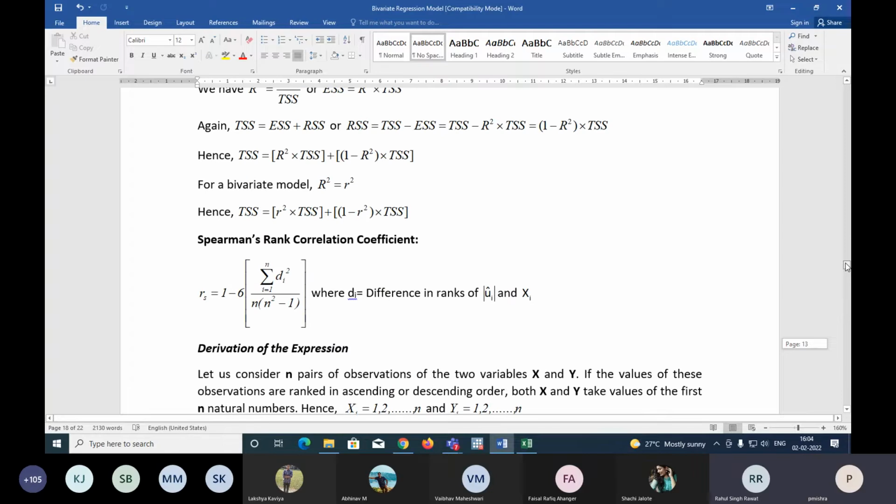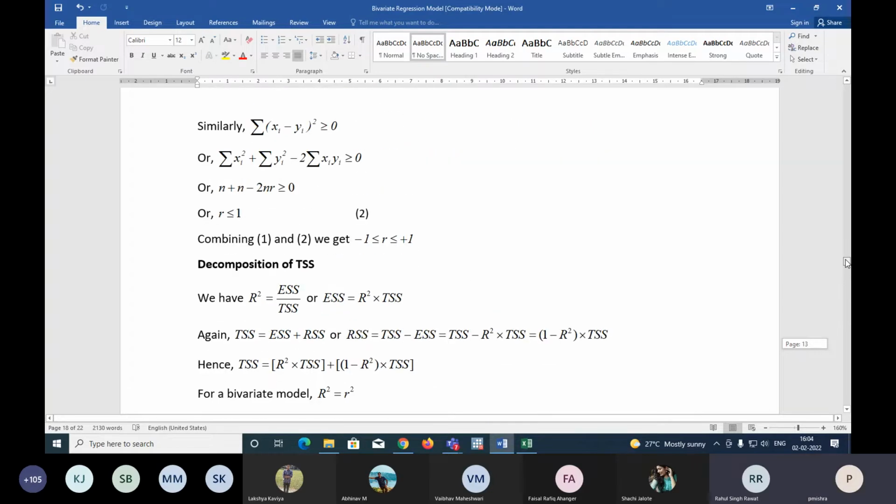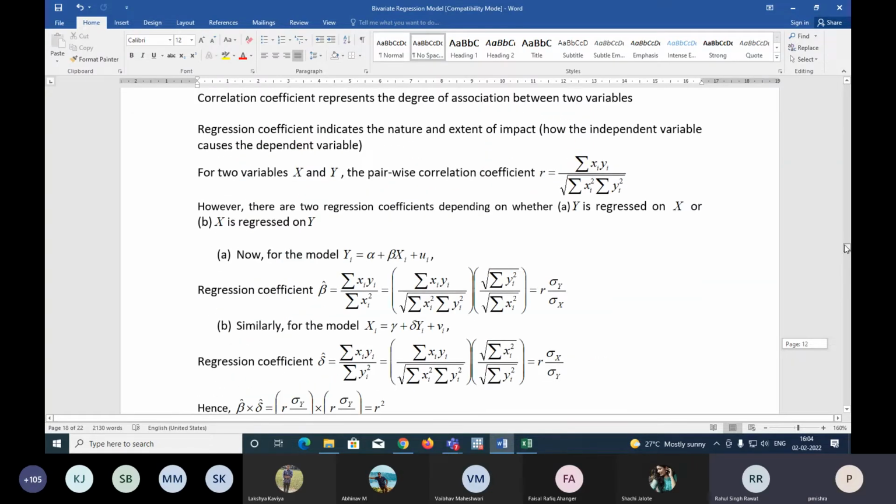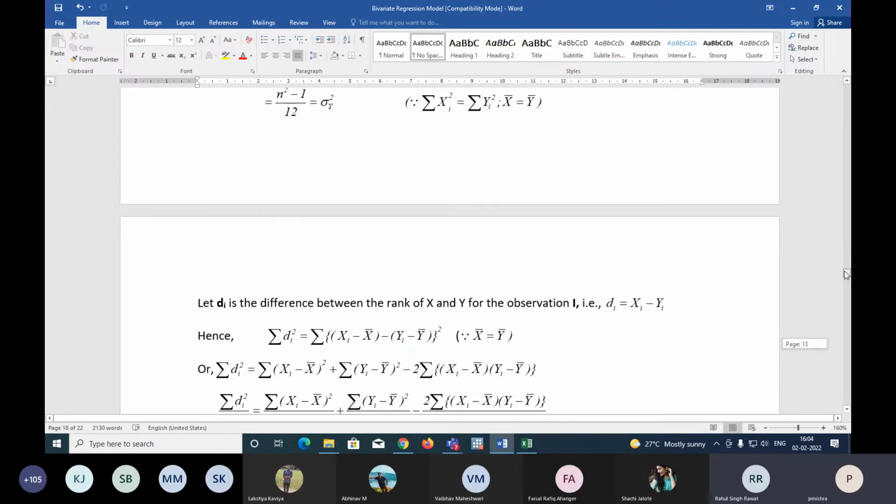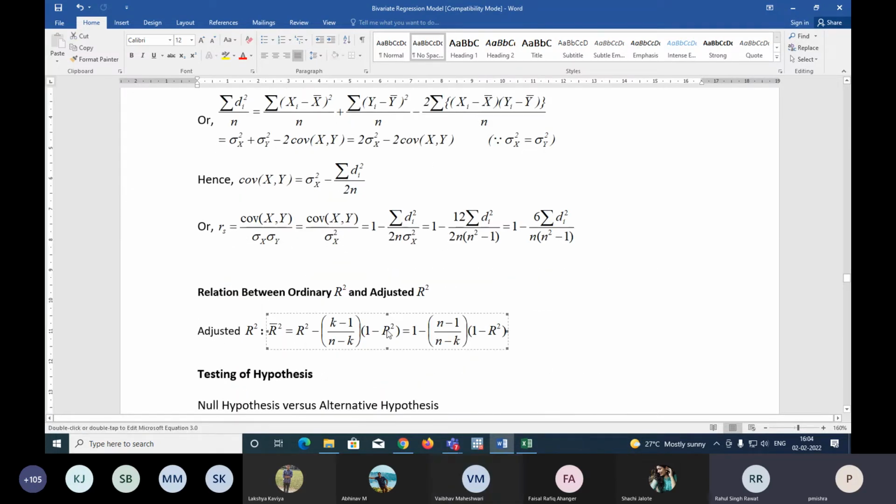Yes, here, you see the formula: 1 minus (n minus 1) by (n minus k) into (1 minus R square).